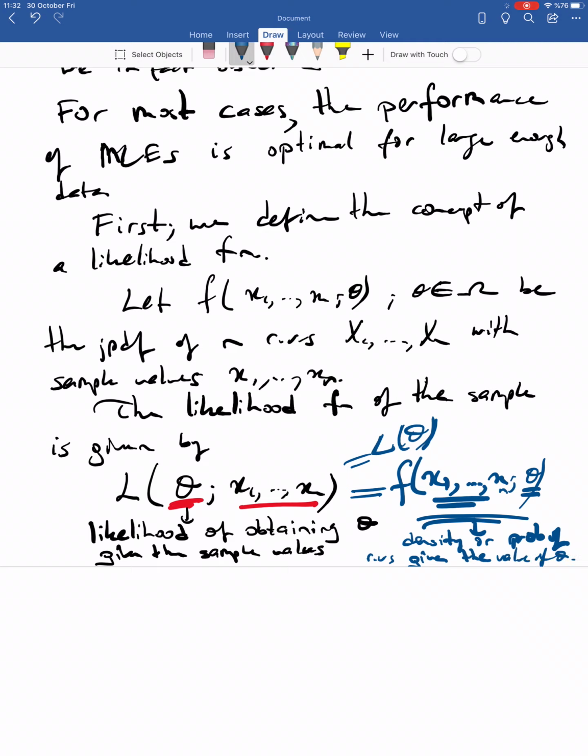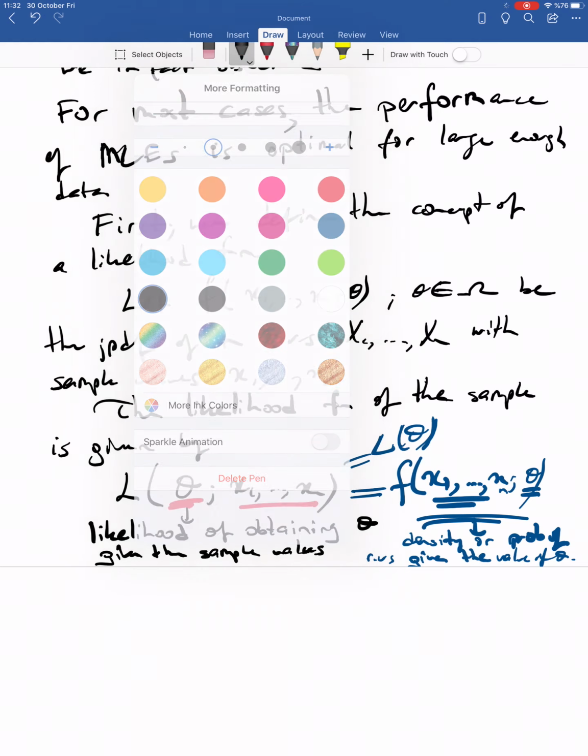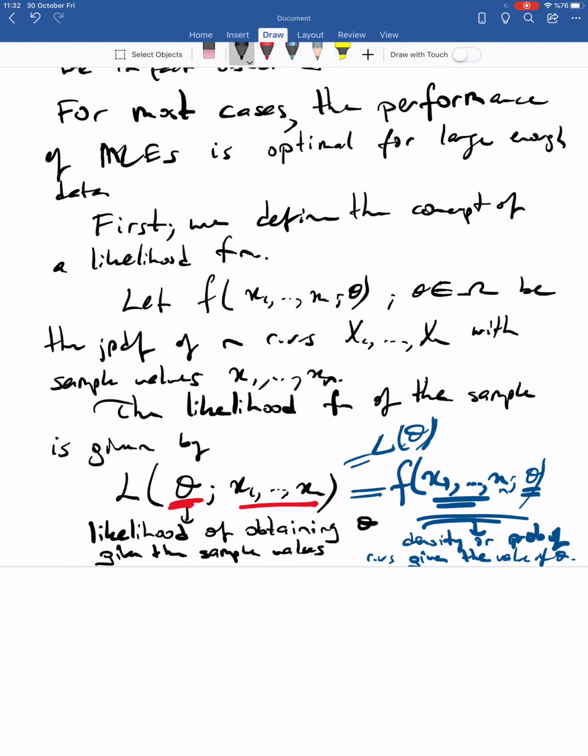For a specific given value of theta, we can define the density function or probability function of random variables. So mathematically they are the same, but their meaning is totally different. Okay, so be careful about this difference.